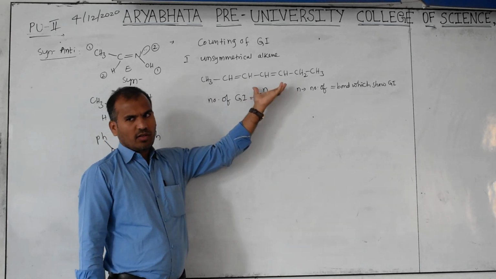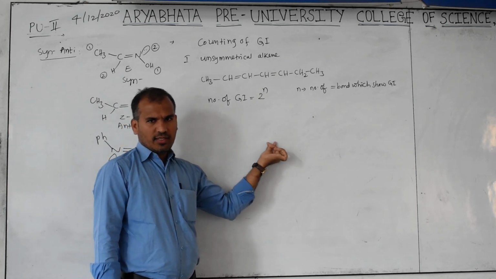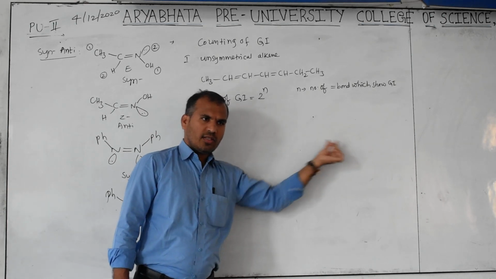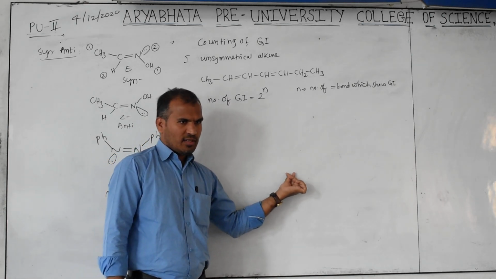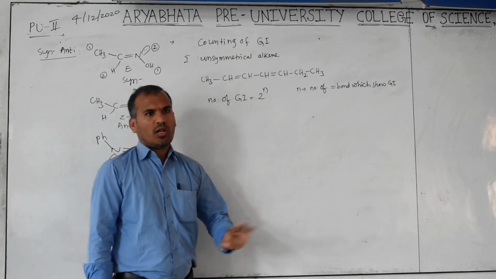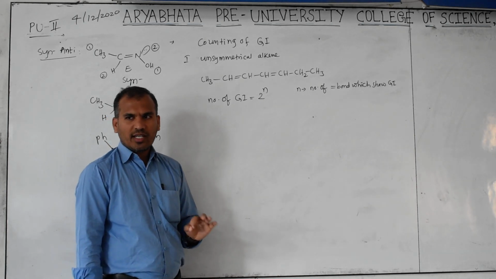This is a molecule. Option A, cis. Option B, cis trans. Option C, trans. Option D, trans cis. Option E, all. Got the question? Which of the following is correct?